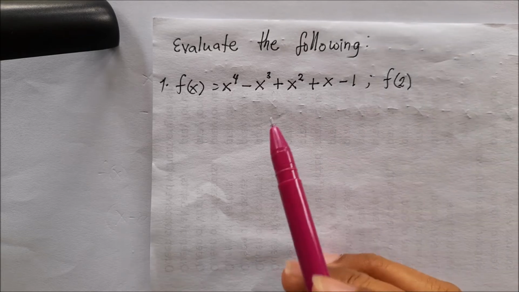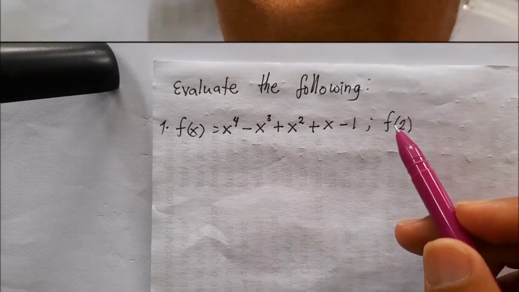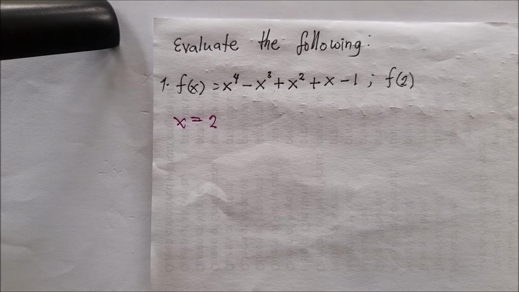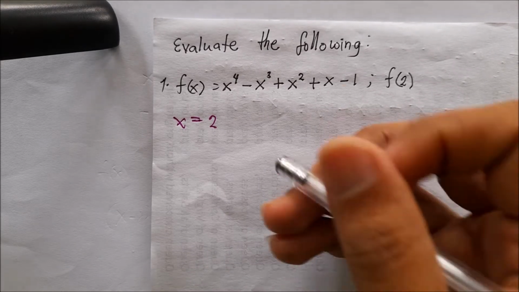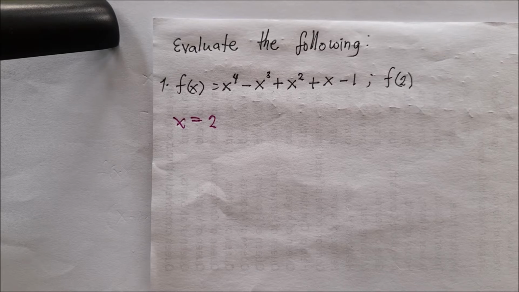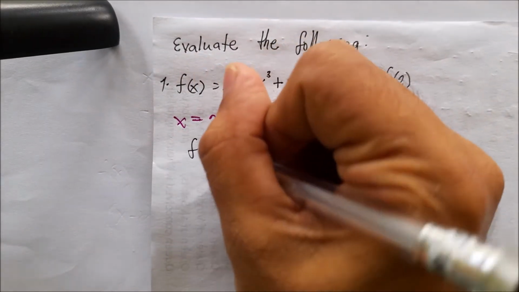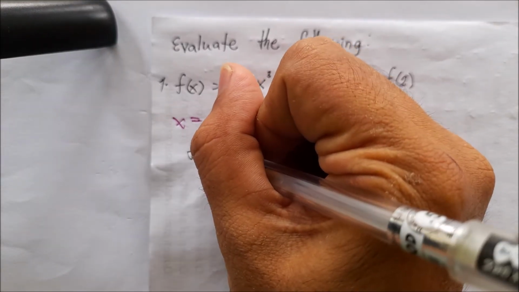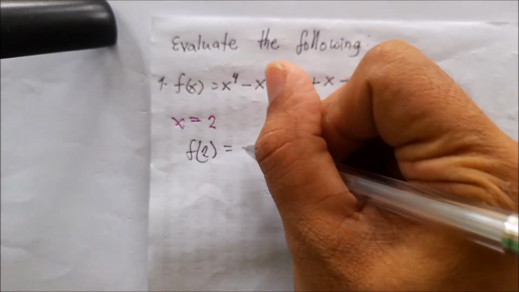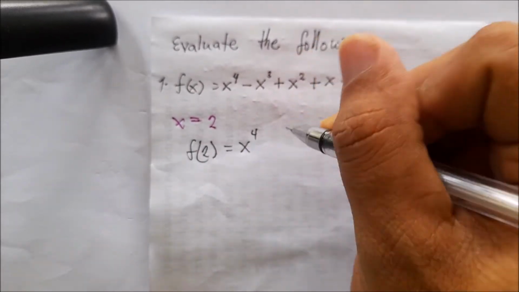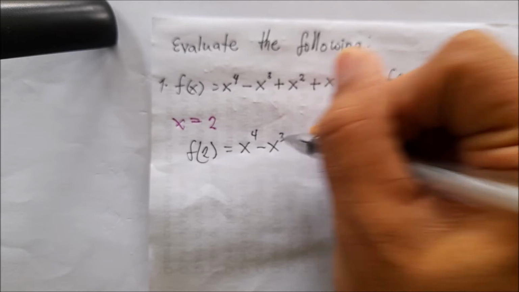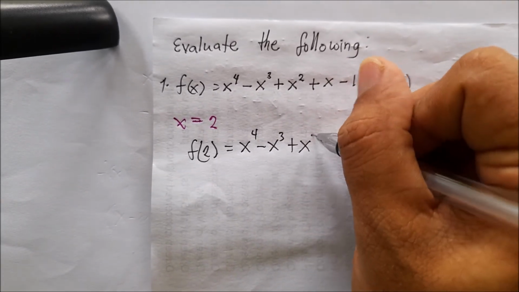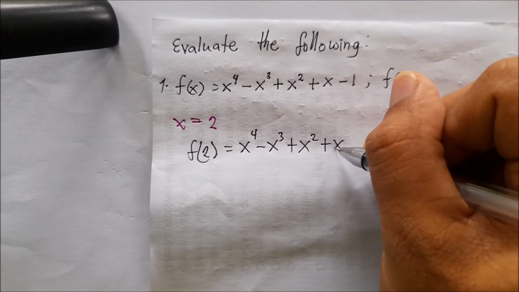From the remainder theorem, x is equal to 2. You just substitute: f of 2 equals x to the power of 4 minus x to the power of 3 plus x to the power of 2 plus x minus 1.